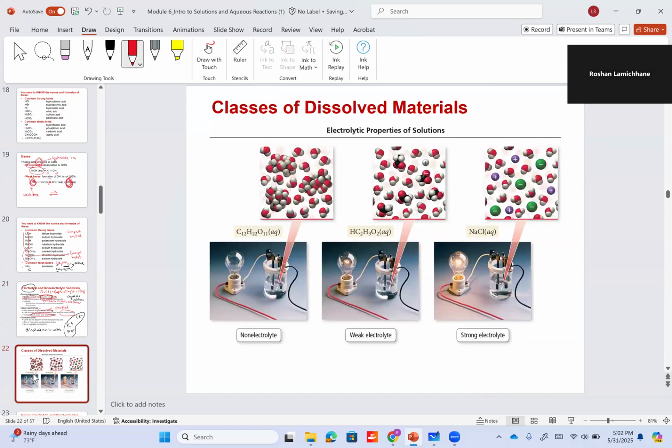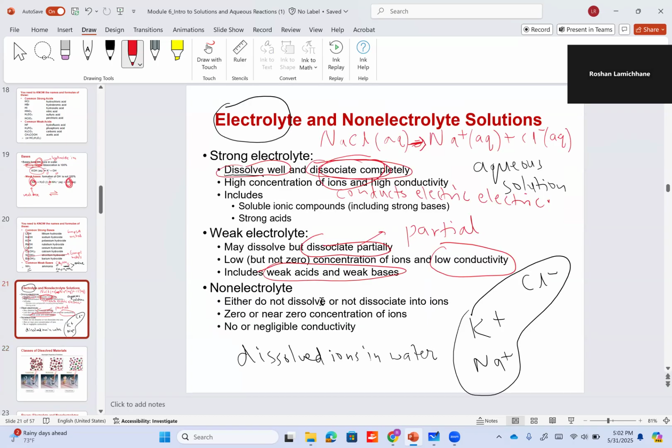For example, C12H22O11 dissolves in water. You throw sugar in water, you stir it, and it dissolves. But the C, H, and O do not break apart into ions like Na plus and Cl minus. They stay one unit together. They do not break apart into ions, and that is why they are not capable of conducting electric current. That is what it means by no or negligible conductivity.